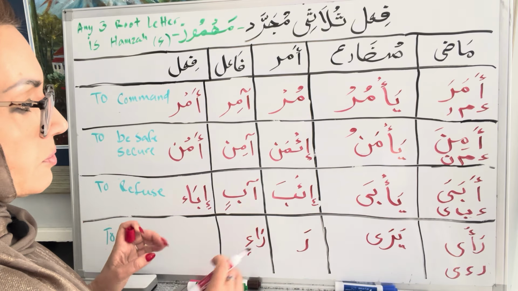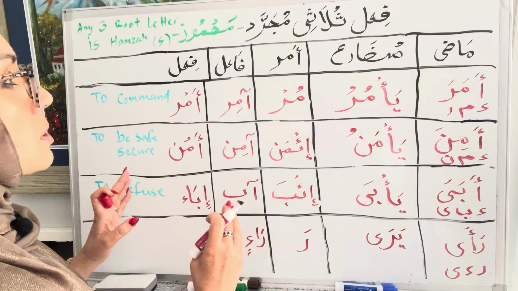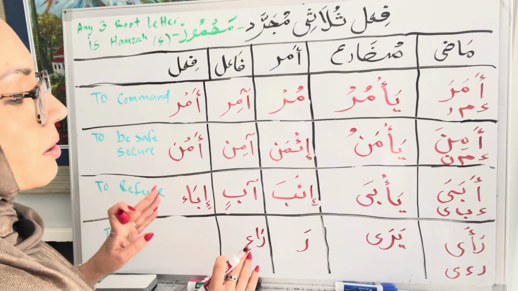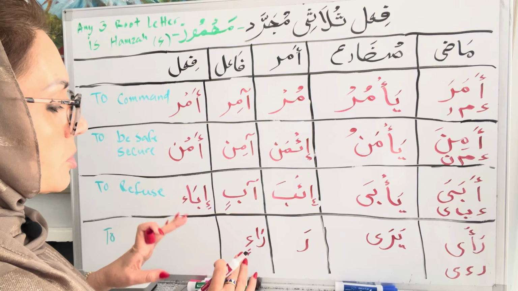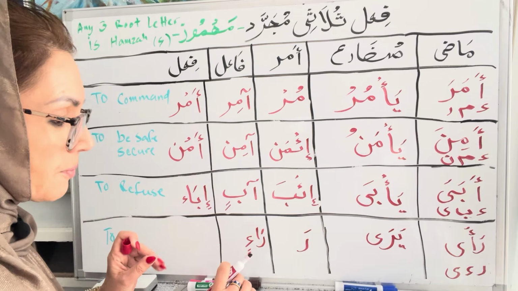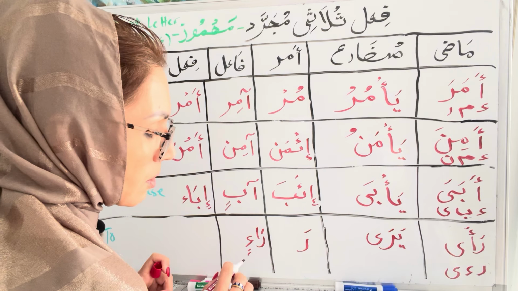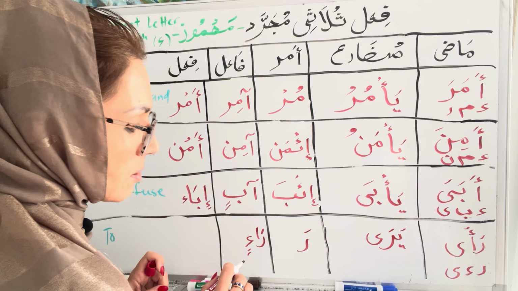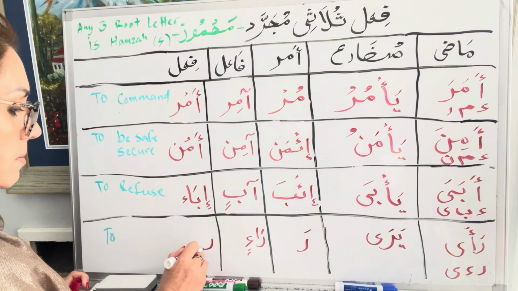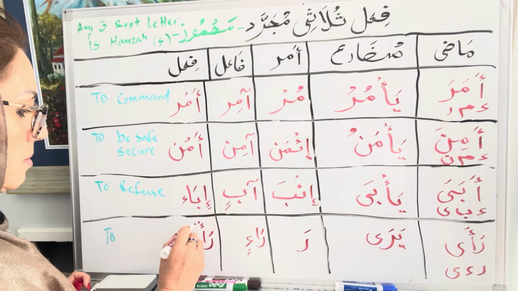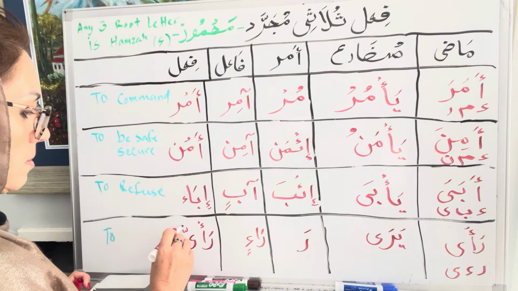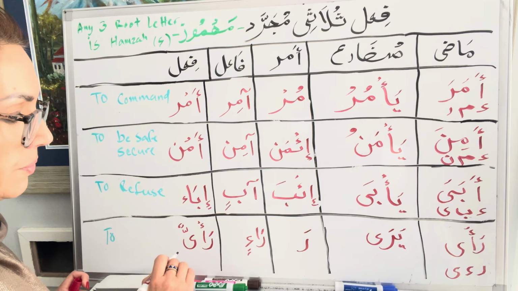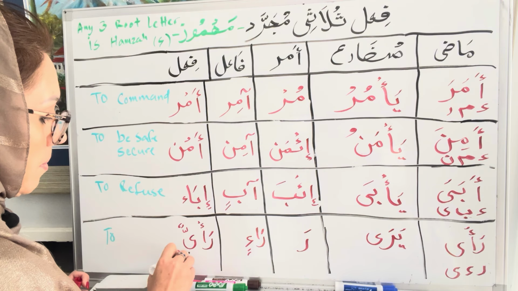And these naqis words and mahmuz words are always interchangeable, so always keep that in mind. So inshallah, we have ra'in and then ra'yun.